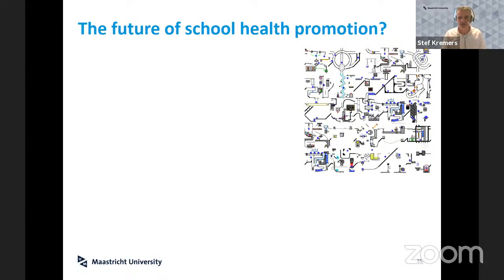I took this graphic that you can see on the screen now, because it might seem that while Nina and Kathelijne were talking about dynamics in school health promotion, you can still interpret this as some kind of stable thing, that you are at a certain position on a certain spectrum at a given point in time.